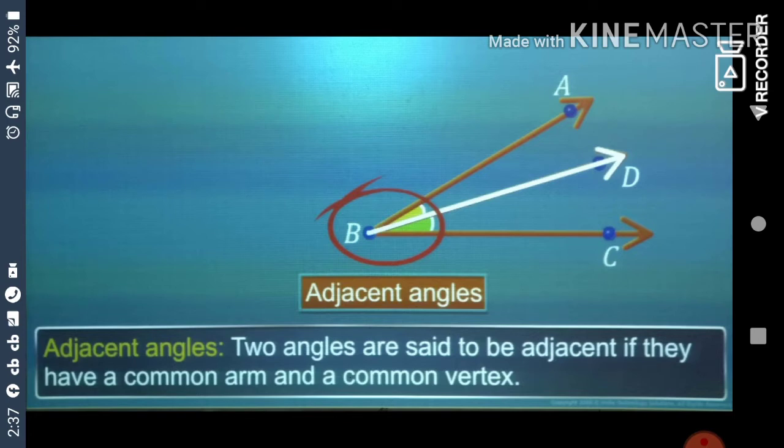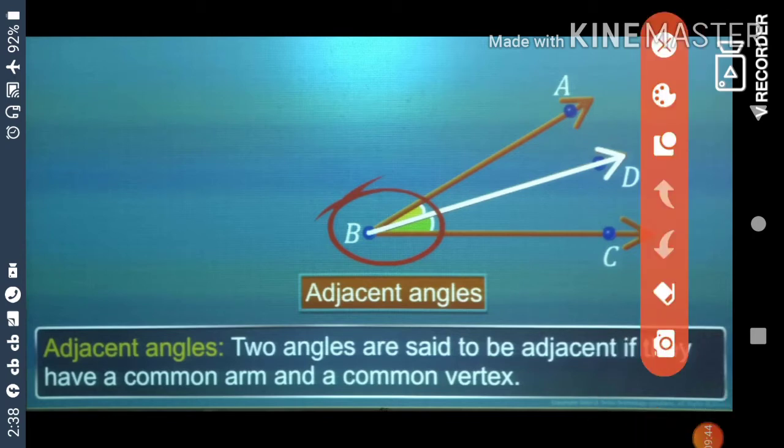Two angles are said to be adjacent if they have a common arm and a common vertex. As you can see here, common arm, this one, this white line, BD. This BD is a common arm of which angles?